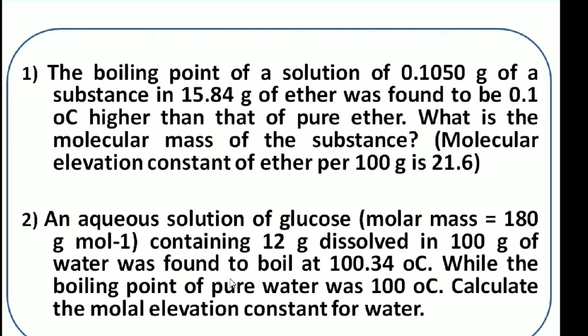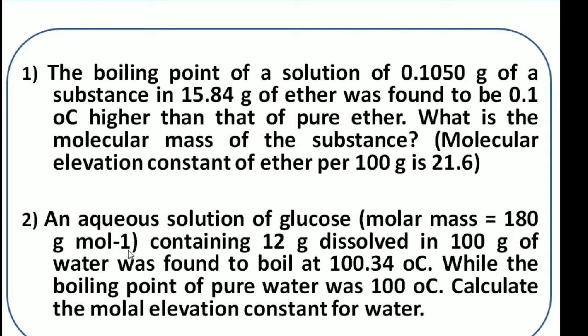In this problem, glucose is the solute whose mass is given as 12 grams, and water is the solvent whose mass is 100 grams. The boiling point of the solution is 100.34 degrees centigrade and of pure water 100 degrees centigrade. Now we can calculate the molar elevation constant for the solvent water.